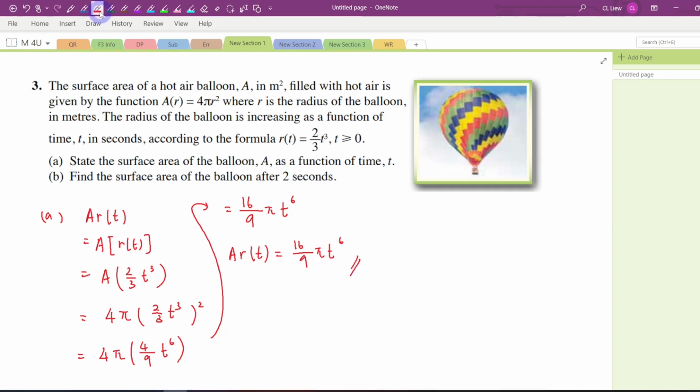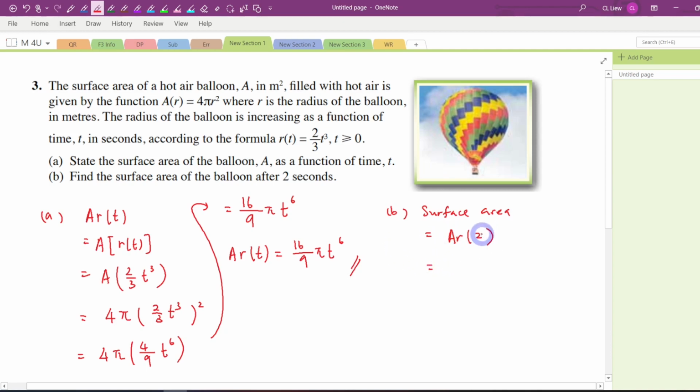Now let's go to the second part. We want to find the surface area of the balloon after 2 seconds. It means that when t is equal to 2. Now since we already got the function that we can use the t to help us to get the area, right? So now we know that the surface area after 2 seconds, when t is equal to 2, is a of r of 2.